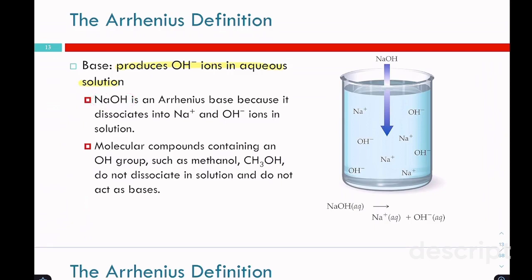So there's going to be a metal and then an OH. So here, sodium is a metal, and then that hydroxide is what ionizes. Organic compounds are things that are made with carbon. So with this CH3 and the OH, there aren't any metals present. So that's not going to ionize into OH minus hydroxide ions.